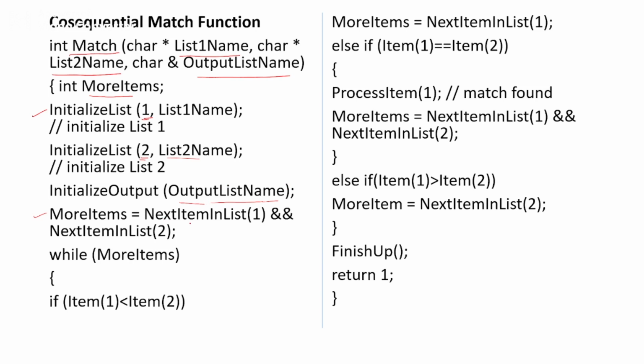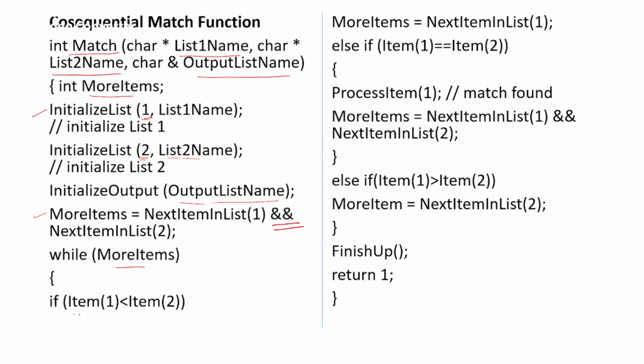So you are going to use the AND operation. If both lists contain items, then only proceed. If any one of these lists is empty, then there is no need of continuing. Now, while more item, if something is there in the list, then more item will be there.